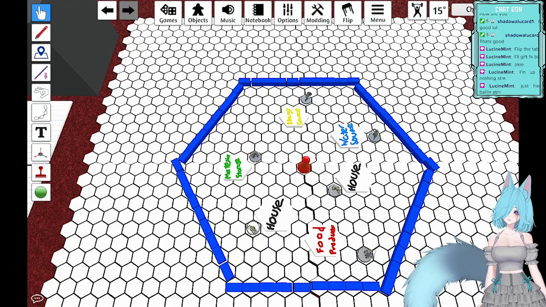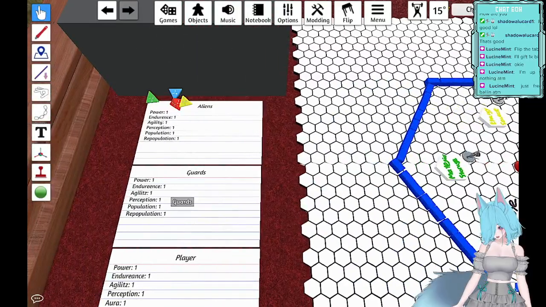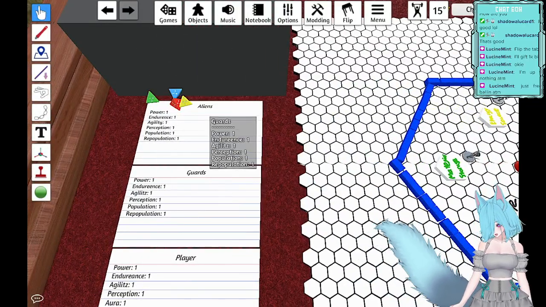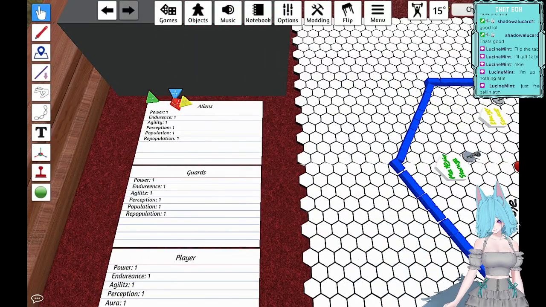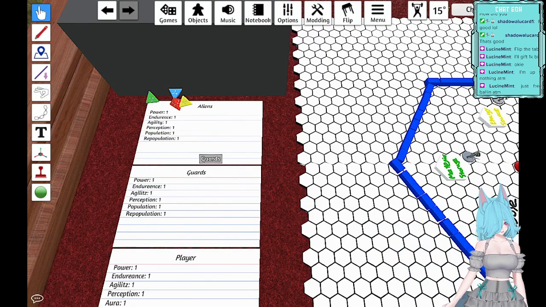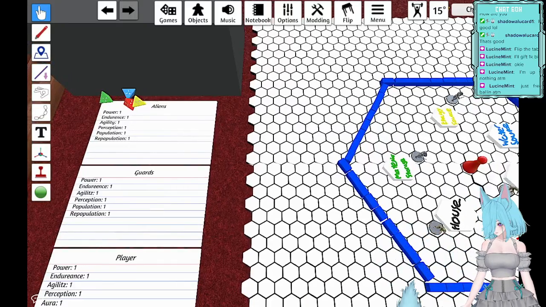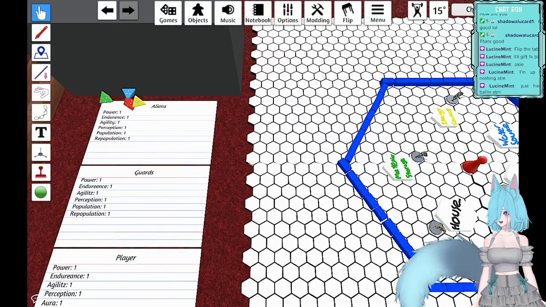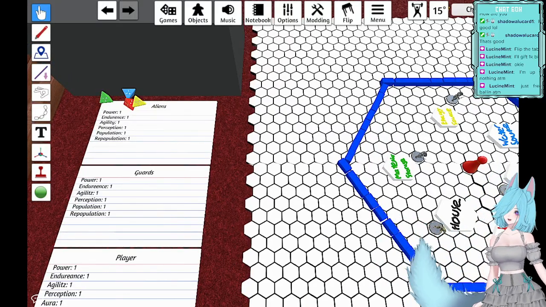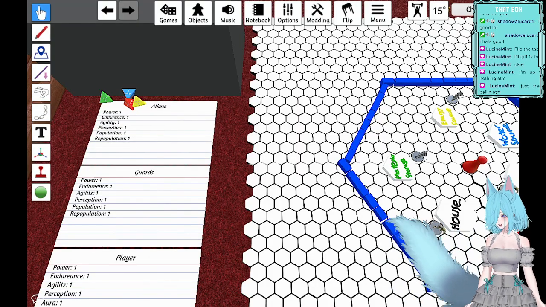Before the invasion phase, they're gonna repopulate. So we want enough guards to die that they recover for the fight against the aliens, and we have fewer guards to deal with, but we don't want the aliens in the city.